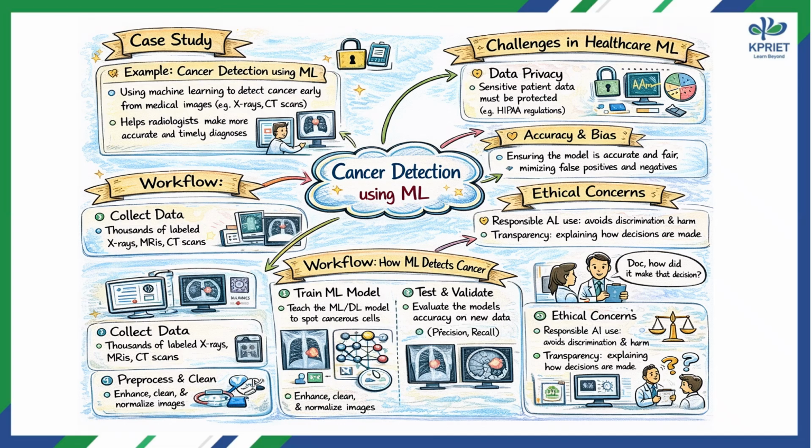The workflow is collection of data, followed by pre-processing and cleaning, followed by training the ML model, then testing and validation of the ML model. There we perform precision and recall, and finally this leads to ethical concerns, responsible AI use, avoiding discrimination and harm, and transparency in explaining how decisions are made, and the final decisions are given.